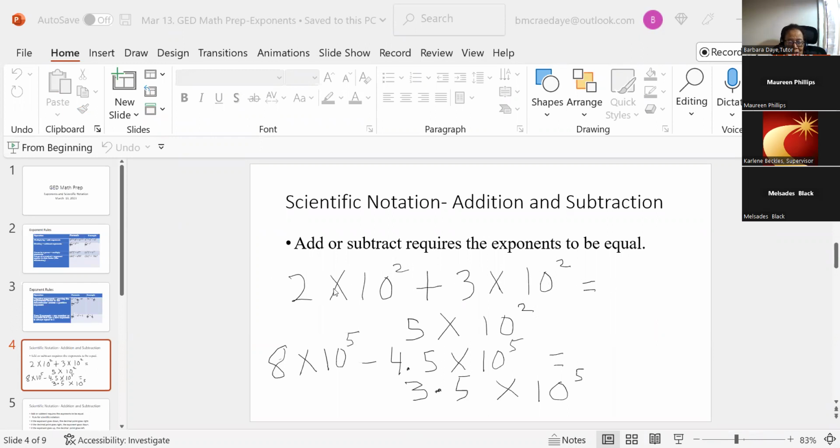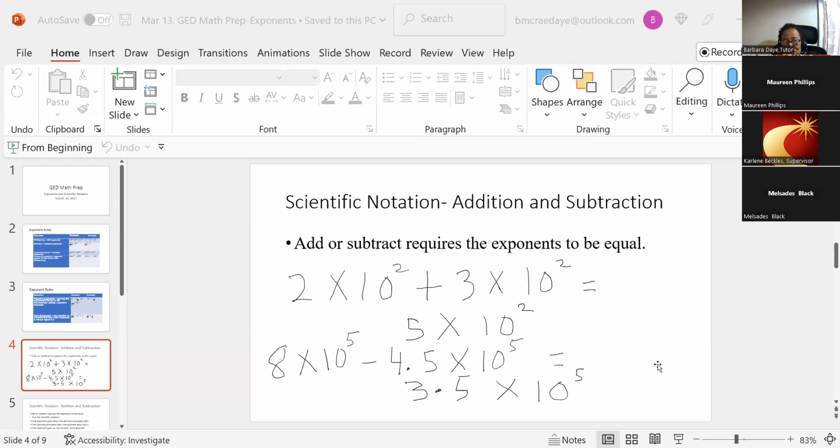So I put up a couple that have the same power: 2 times 10 to the second plus 3 times 10 to the second. Just add the 2 and the 3 and you get 5 times 10 to the second. If you're subtracting 8 times 10 to the fifth minus 4.5 times 10 to the fifth, just subtract the 4.5 from the 8.0, you get 3.5, and that's 3.5 times 10 to the fifth.